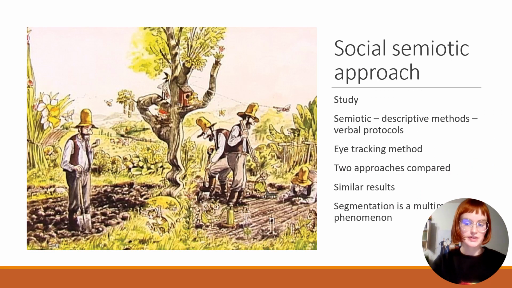And just to briefly give you an example of how this might work, there was a preliminary study by Beres and Holshinova who juxtaposed the semiotic approach method with a traditional eye-tracking method of tracing how people segment images. And what was interesting is that the preliminary results showed that this is quite similar.